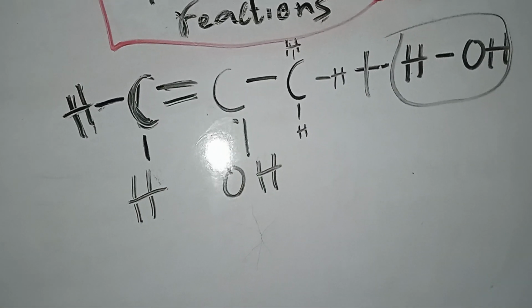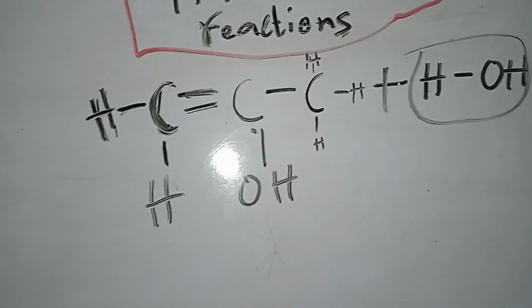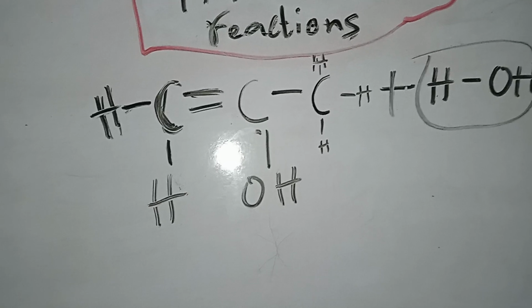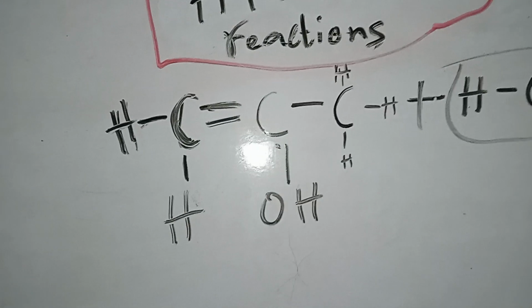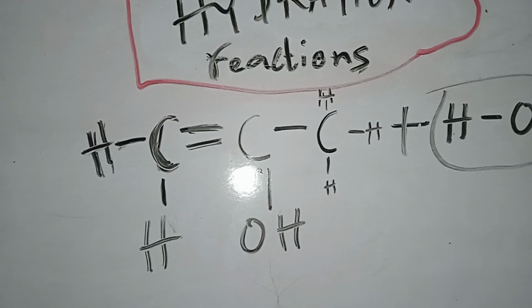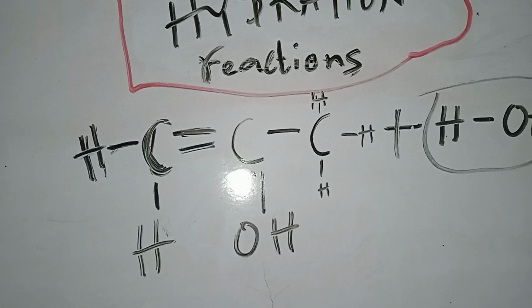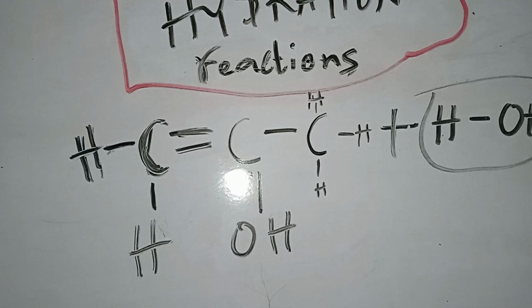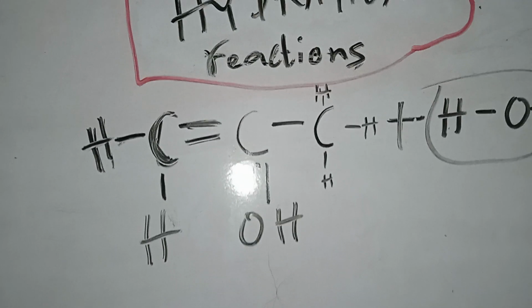Whenever a triple bond reacts with water, hydration, it will lose one bond. That is why every reaction of alkyne takes it from alkyne to alkene, and every reaction of alkene takes it from alkene to alkane. The focus is on breaking the bond.